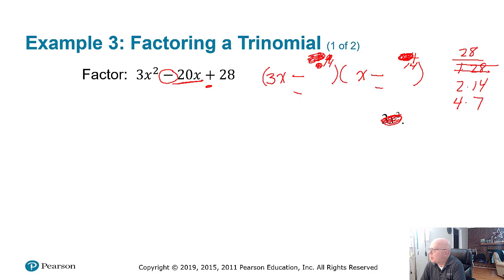Put 14 here and 2 there and see how it works. 14 times x is 14x. 2 times 3 is 6x. Add the 2 together. Bingo, we've got it. So put the 14 here. Put the 2 there. Double check. See if you get 3x squared minus 20x plus 28.